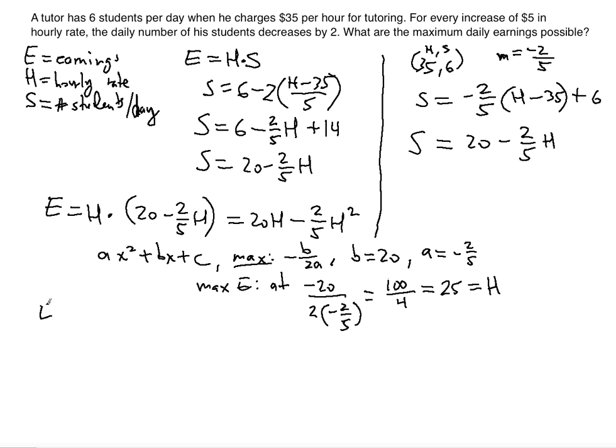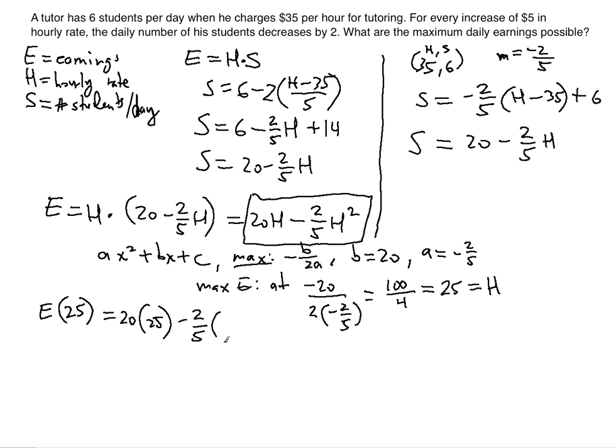So E as a function of H will be E as a function, we're going to plug it in, E of 25, right, because we found the H value, and we're going to use this formula to plug in the 25, okay? So it's going to be 20 times 25 minus 2/5, 25 squared.